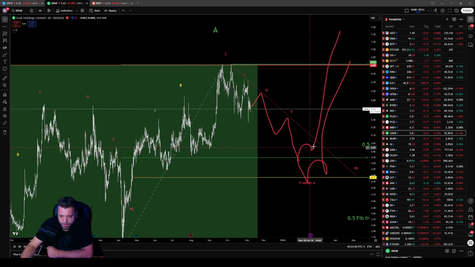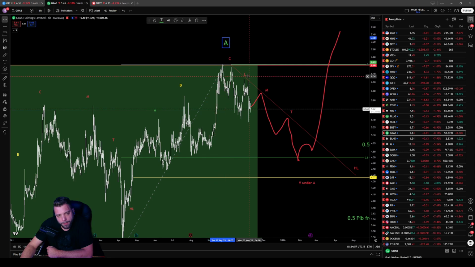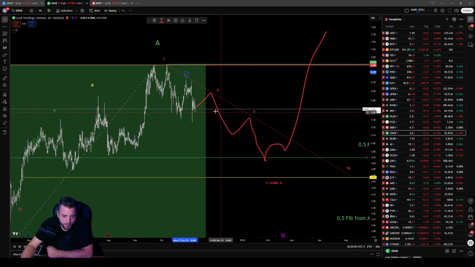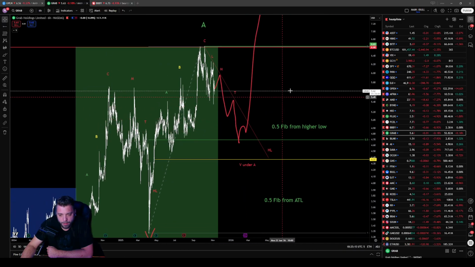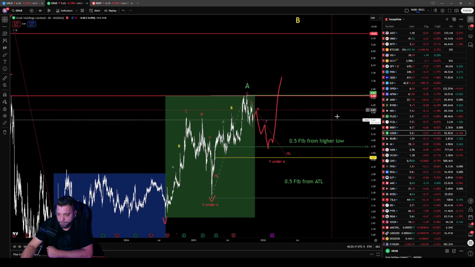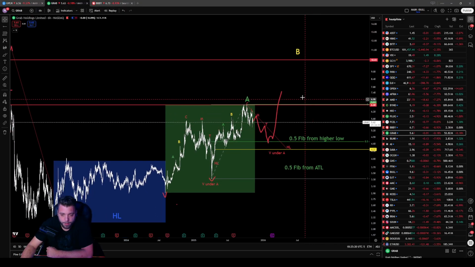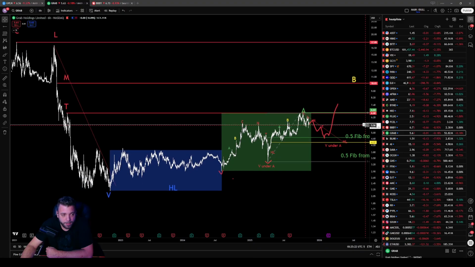To be exact, we are coming from our L, our lower high. We already did a lower low to this, so the next one would be our M, then our T, and then the 0.5 at 468-ish, and then we go up again. Today was just no movement, so same as yesterday.